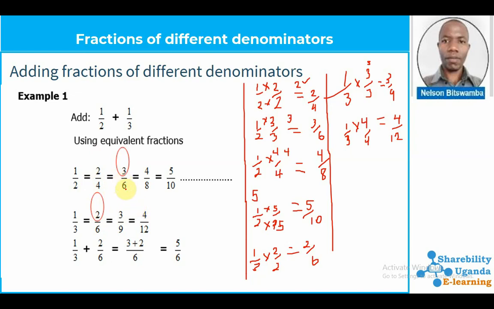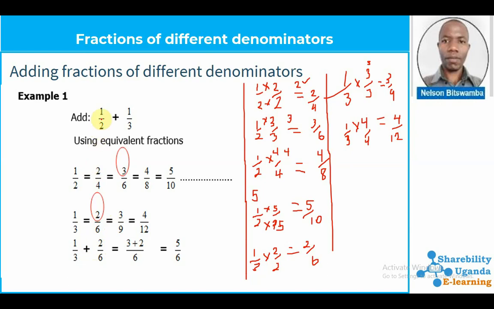So we have a 6 here, a 6 here, and also a 6 here. In these denominators there is no other denominator apart from 6 that resembles. So we shall choose our 6 because they have the same denominators. That means we shall use 6 as our common denominator when solving these numbers.